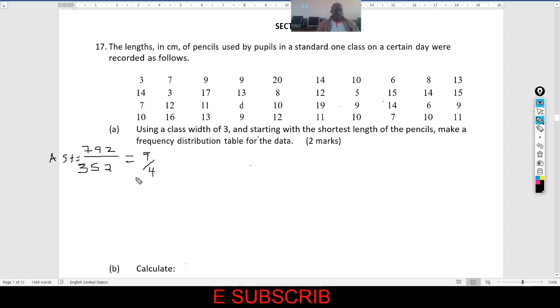Now after getting it as 9/4, you find the linear scale factor. The linear scale factor is the square root of the area scale factor, that is the square root of 9/4, and this gives you 3 over 2.